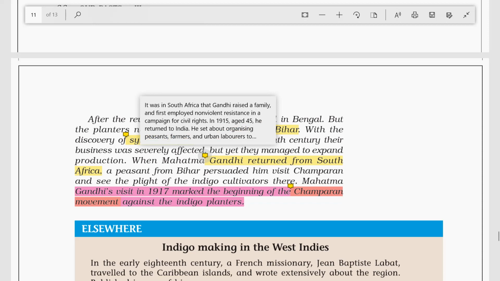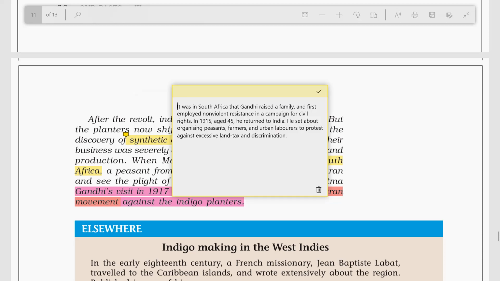Then Gandhiji, as we have already discussed, was campaigning a movement against racial discrimination of black people in South Africa. Then Gandhiji came to India in 1915 at the age of 45, and he saw the condition of peasants, farmers, and urban laborers.